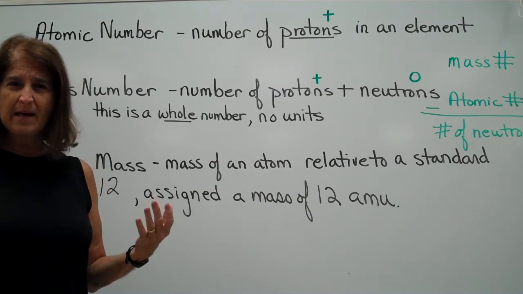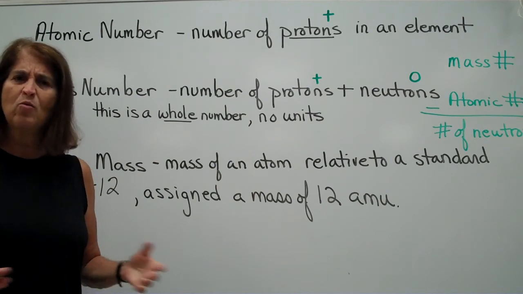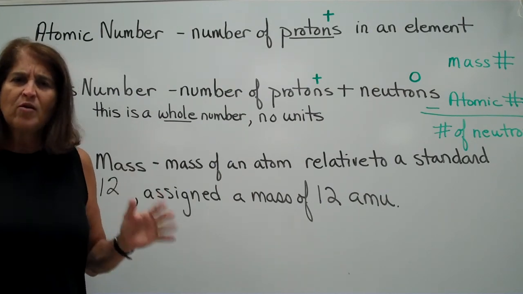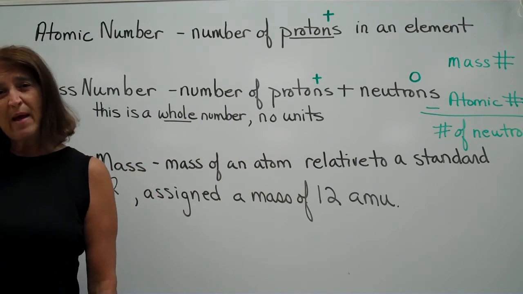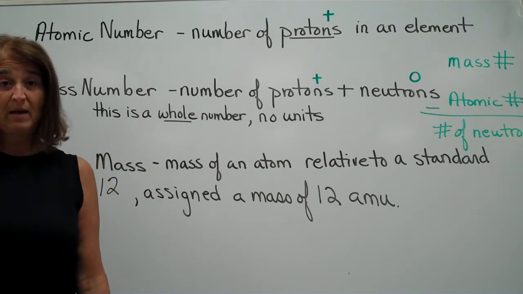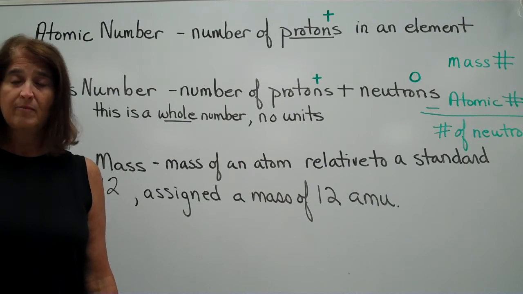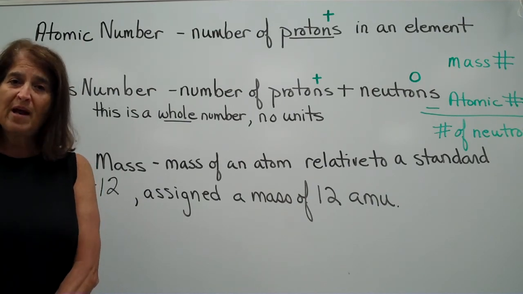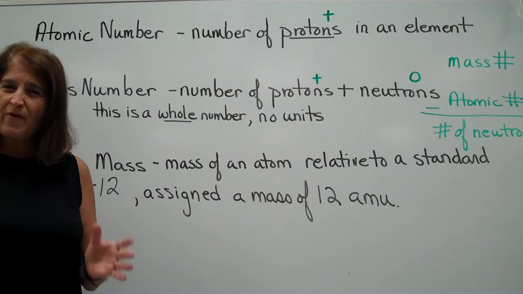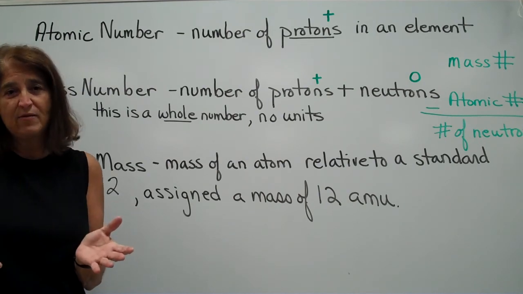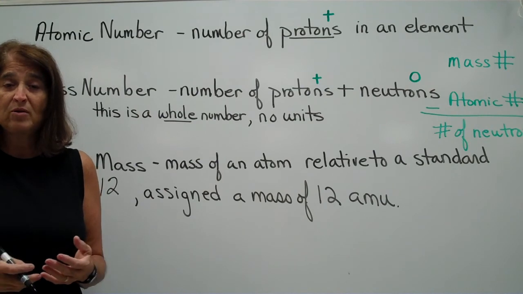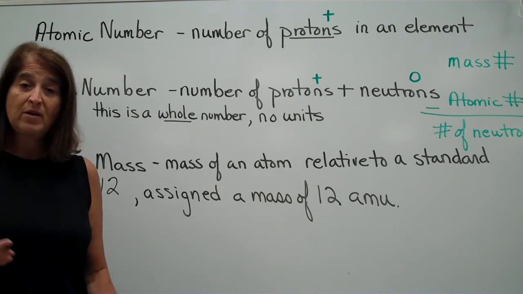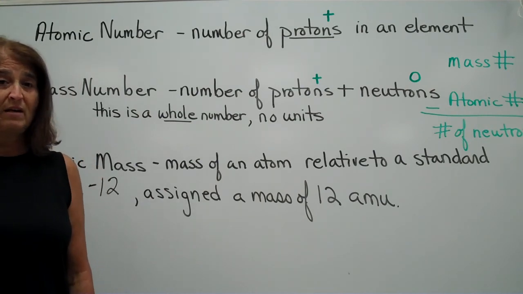And let's pretend all the carbon in the world was carbon-14. Then the mass on the periodic table would be 14. What would happen, however, if what was found in natural supplies of carbon were a 50-50 mixture, half carbon-12, half carbon-14?